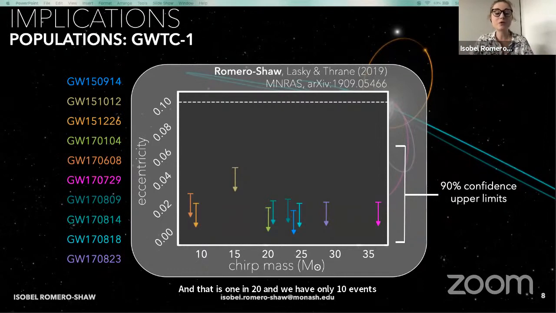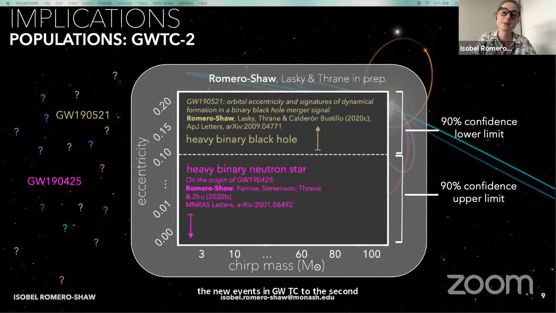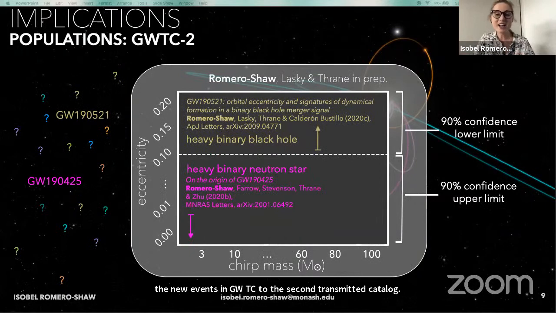But can we solve the formation channel mystery with all the new events in GWTC2, the second transient catalog? Well, our analysis for this is still ongoing, but I have plotted the 2 events of interest that I've looked at individually so far. So we have 190425, which is a heavy binary neutron star. And I've plotted the 90% upper limit on this. So that's in pink, and 190425 is not detectably eccentric.